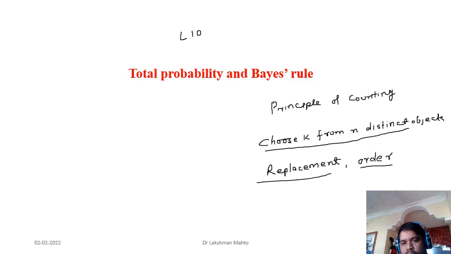These two properties are very much important. If you take all the possible combinations of replacement and ordering, then you will observe four different kinds of principle of counting. So what are those? First will come ordering without replacement. I'm calling it the first principle.